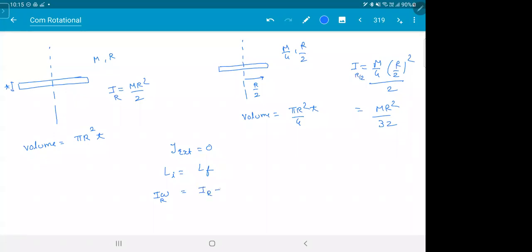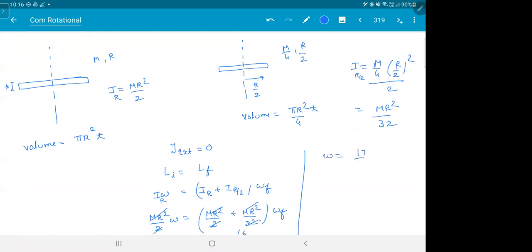Will be IR plus IR by 2 omega final. This would be mr square by 2 omega, mr square by 2 plus mr square by 32. So omega final would be, mr square will cancel, 2 to 16. You get omega is 17 by 16 omega final. Omega final is 16 by 17 omega. Take it out. Any step you didn't get, please ask me.